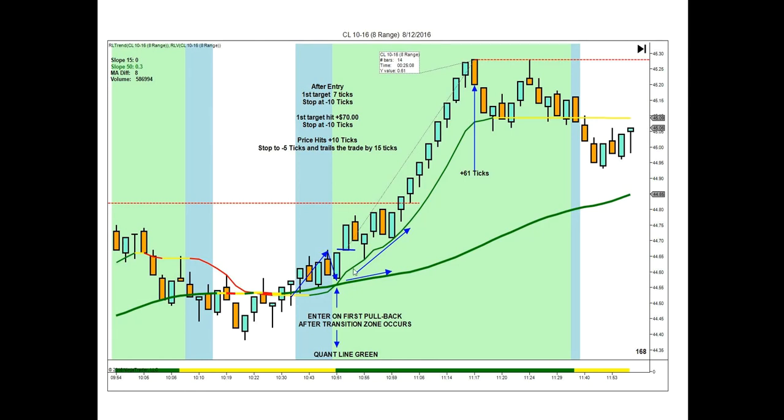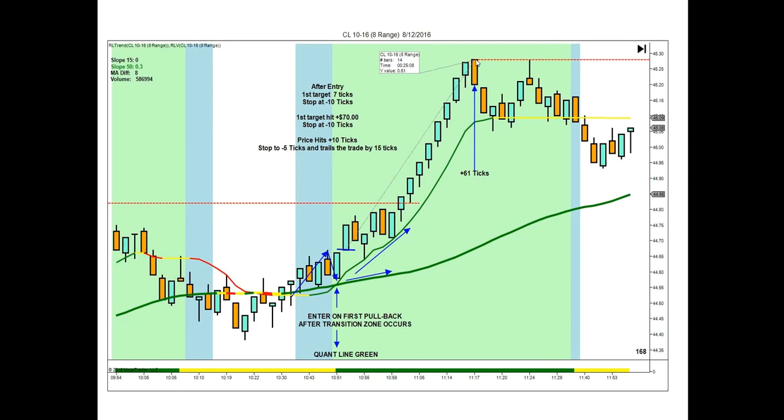So the pullback candle initiates the zone. And when these happen, this went 61 ticks without a 15-tick pullback, because that's our runner. We're looking for a big move. But from entry to the top of the trade, it went 61.